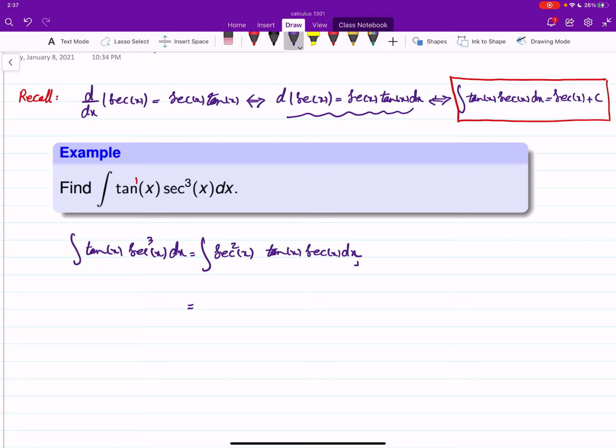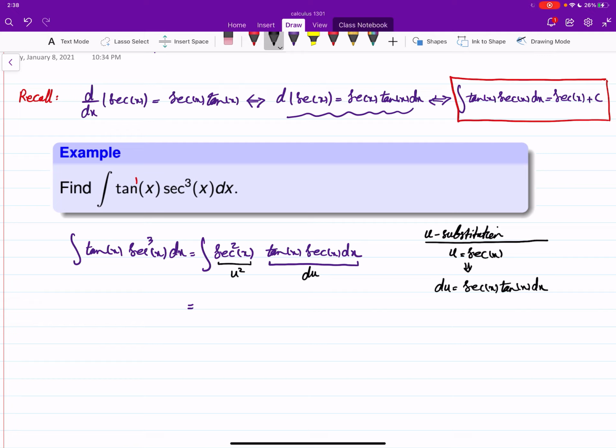But okay, now you see this is the derivative of secant. It means that if I go with u substitution by setting u to be secant x, I already have du there. So that is secant x tan x. I'm changing the order all the time, it doesn't matter here. So this is the u, and then the rest is just u to the power 2.